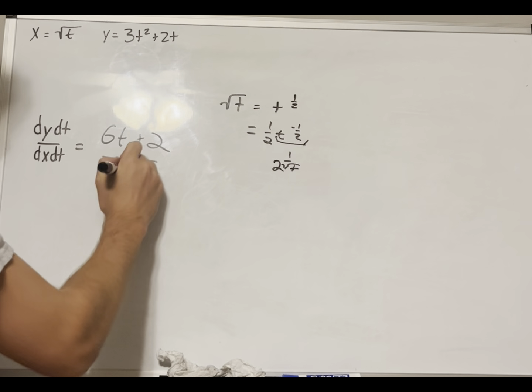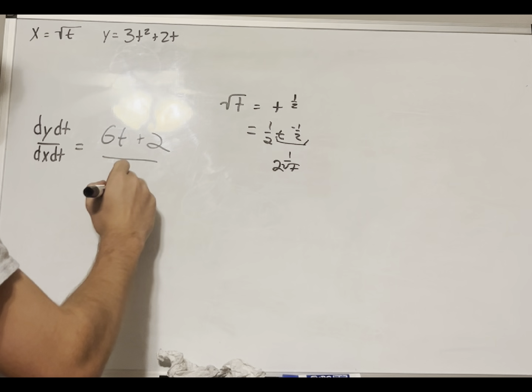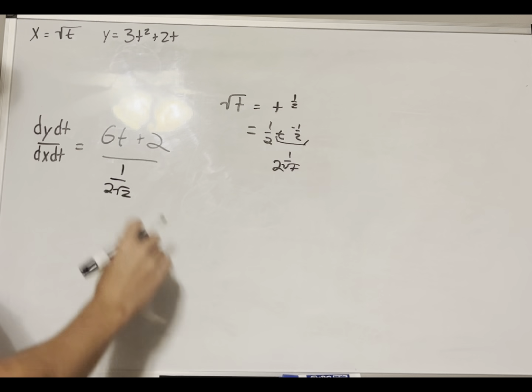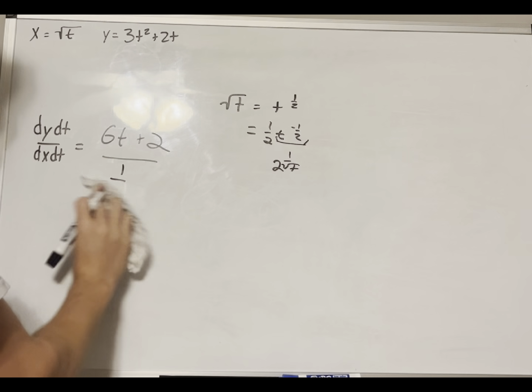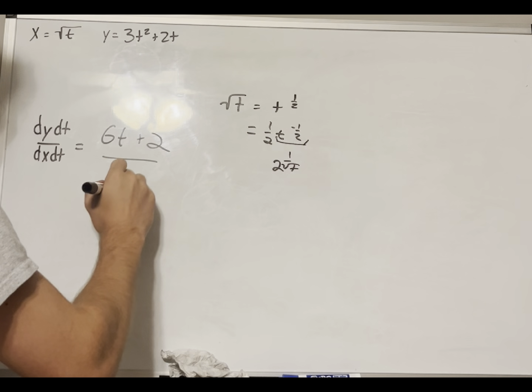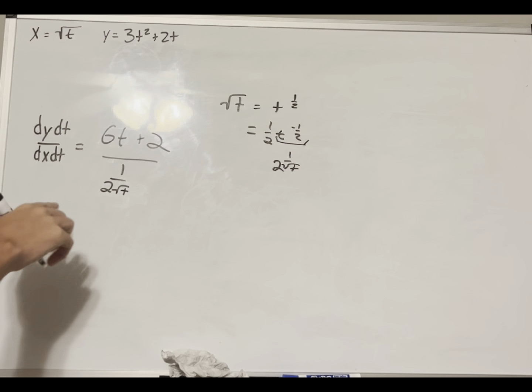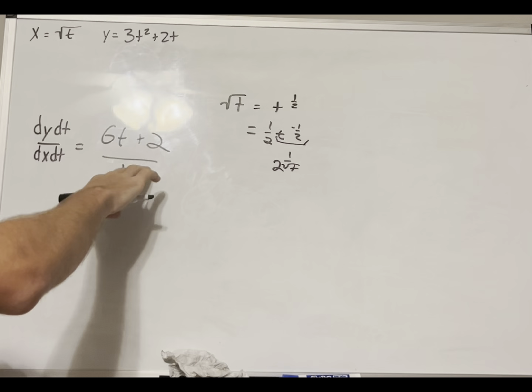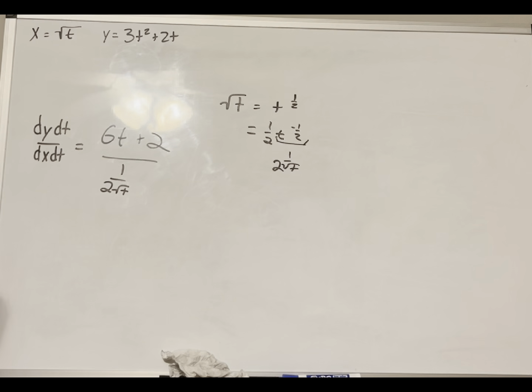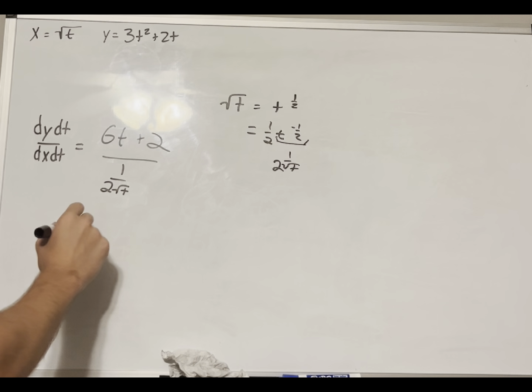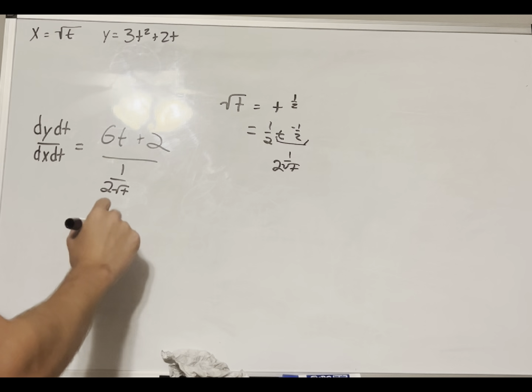So you're going to divide this whole mess by 1 over 2 root t. And then I can look at this and say you're dividing it by 1/2, which dividing anything by 1/2 is the same as multiplying it by 2. So I'm going to do that first because that seems easy.